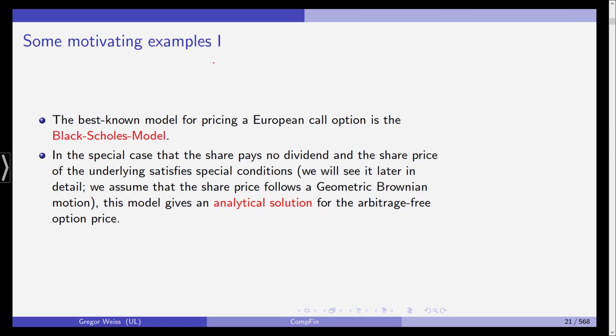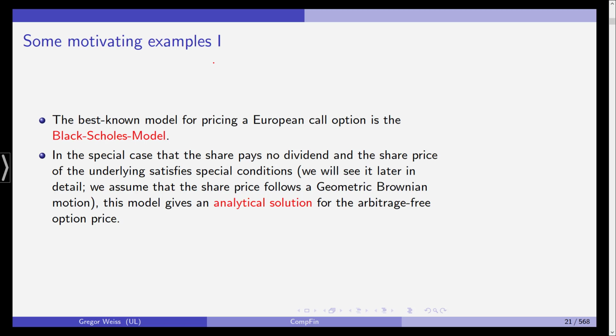An option is the right, but not the obligation, to buy or sell an underlying, usually a stock. So, for example, European call option. It's called European because you can only exercise this option at the very end, at maturity.